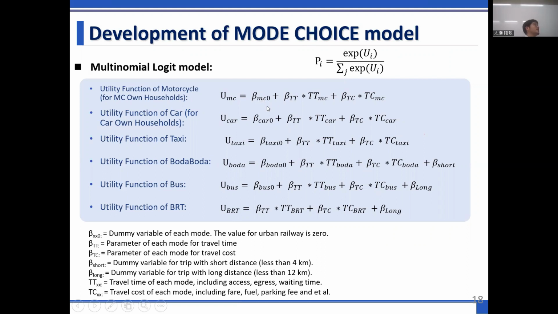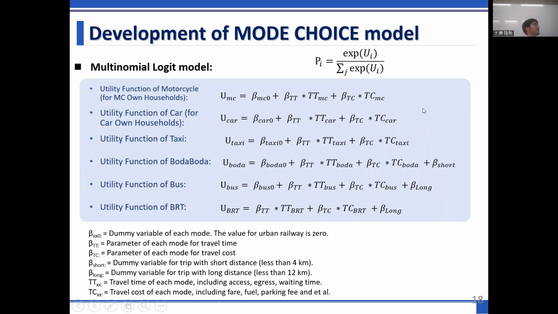This shows the comfortability, privacy, or flexibility of motorcycles, cars, taxi, boda and buses, which must be converted into numerical values.